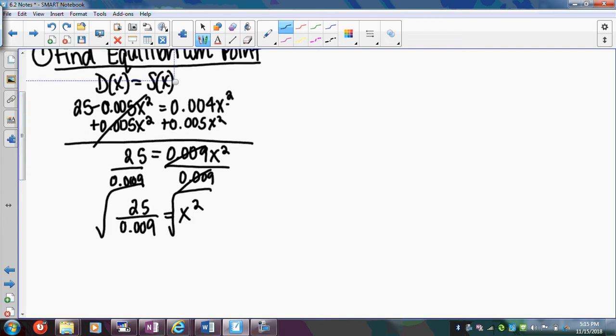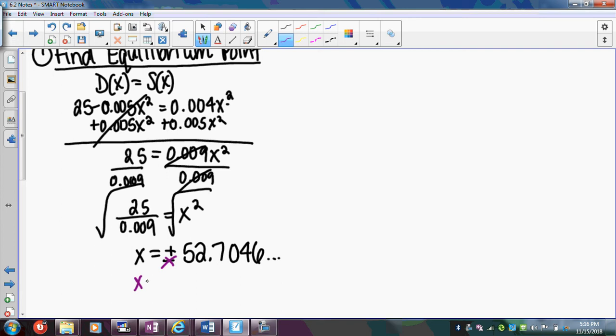And you're going to end up getting a rounded value, which is fine. It just means that we're going to have a rounded x and a rounded p when we go to solve this. So this is going to be x equals plus or minus, you get 52.7046, something like that.